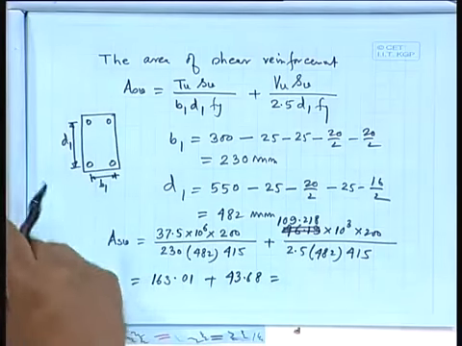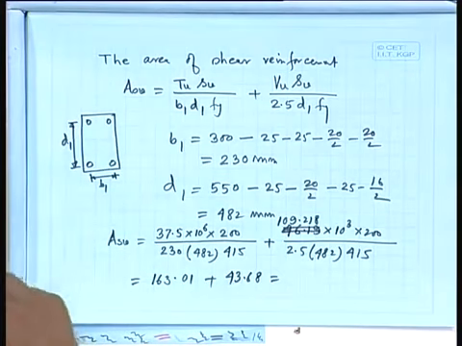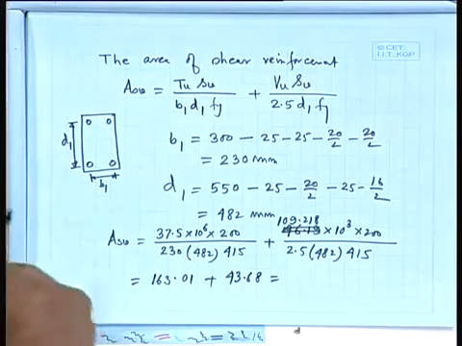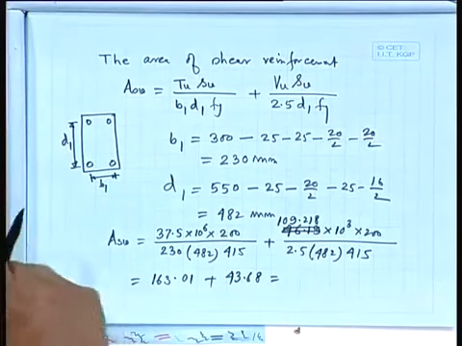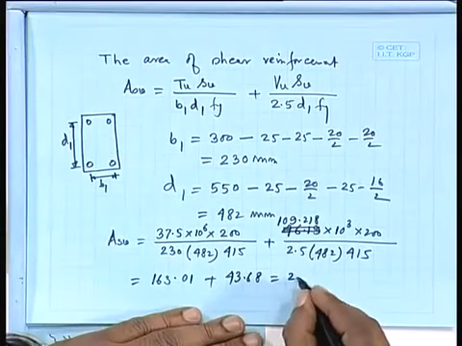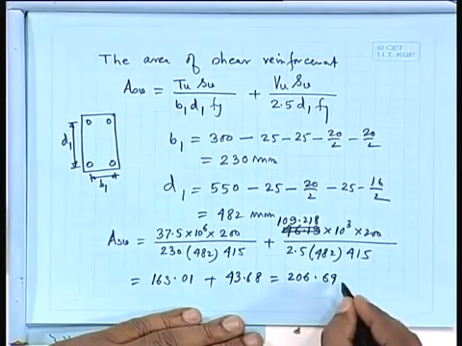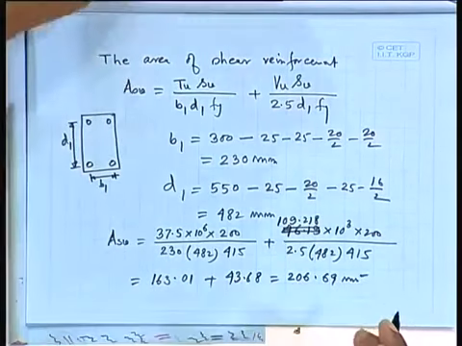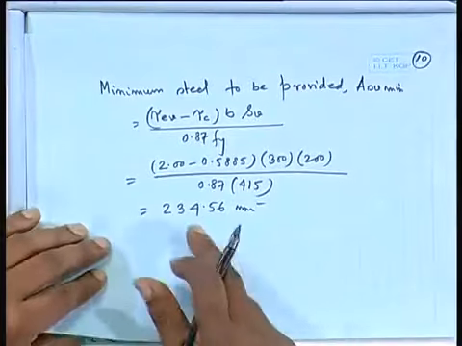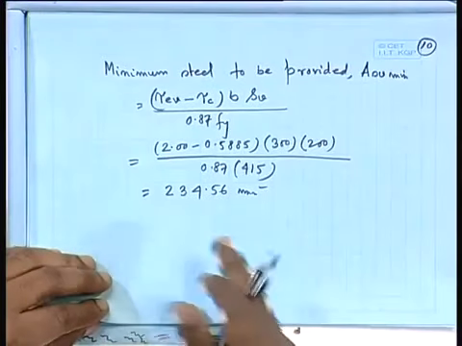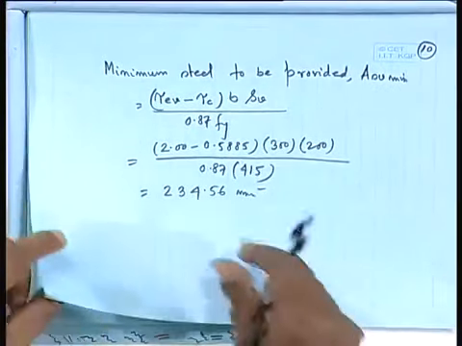So this one equals 163.01 plus 43.68, 206.69 square millimeter. We require 234, that is the minimum. Here it is governed by the minimum one.